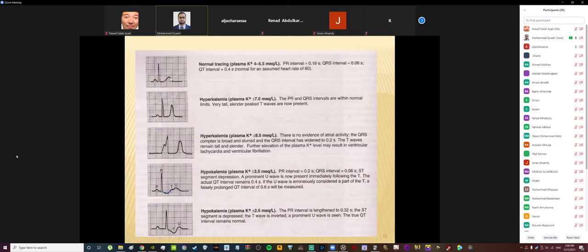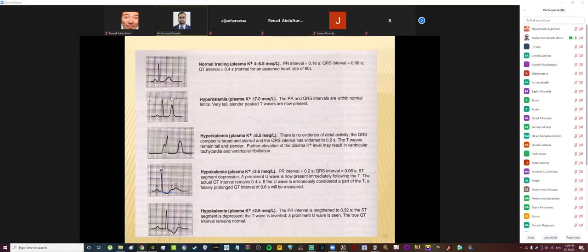This is normal, and you see that here the potassium level is 7. Can you see the arrow which I am moving on the slide? Yes. So now the potassium level is 7 here, and you see how the T wave is elevated. Here the potassium level has gone even higher, 8.5. Can you make out how tall the T wave is? Yes, very tall.